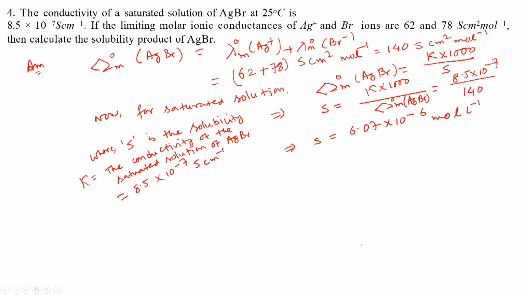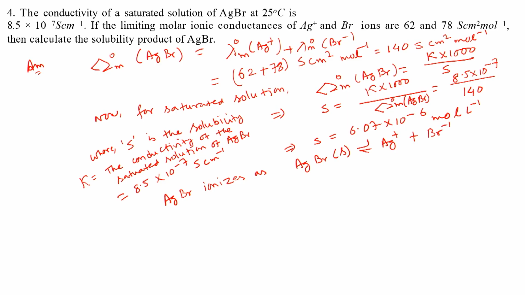Okay. So, we need to see how AgBr ionizes. AgBr solid is in equilibrium with Ag plus and Br minus.